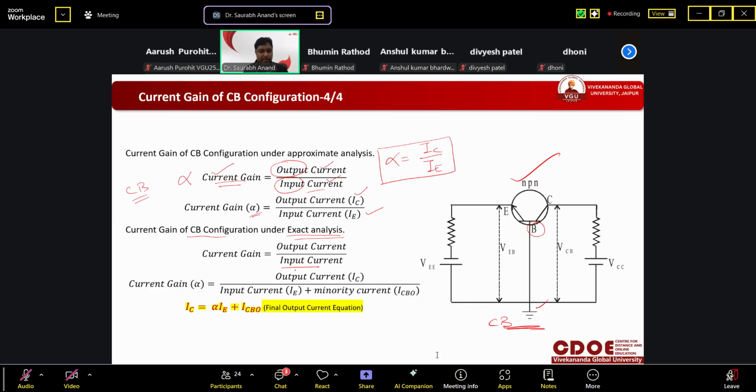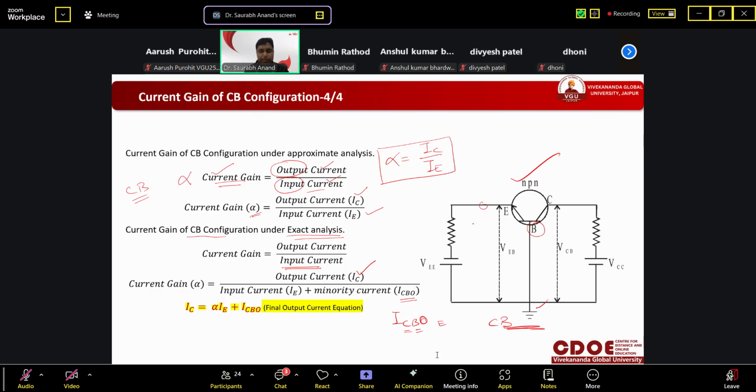If we write in terms of minority current, that is known as leakage current, because there is some leakage current also whenever conduction is there. So IC is there, but it is the addition of the current itself and the minority current, that is known as ICBO. ICBO is the current between collector and base while the third terminal, that is the emitter, is open.